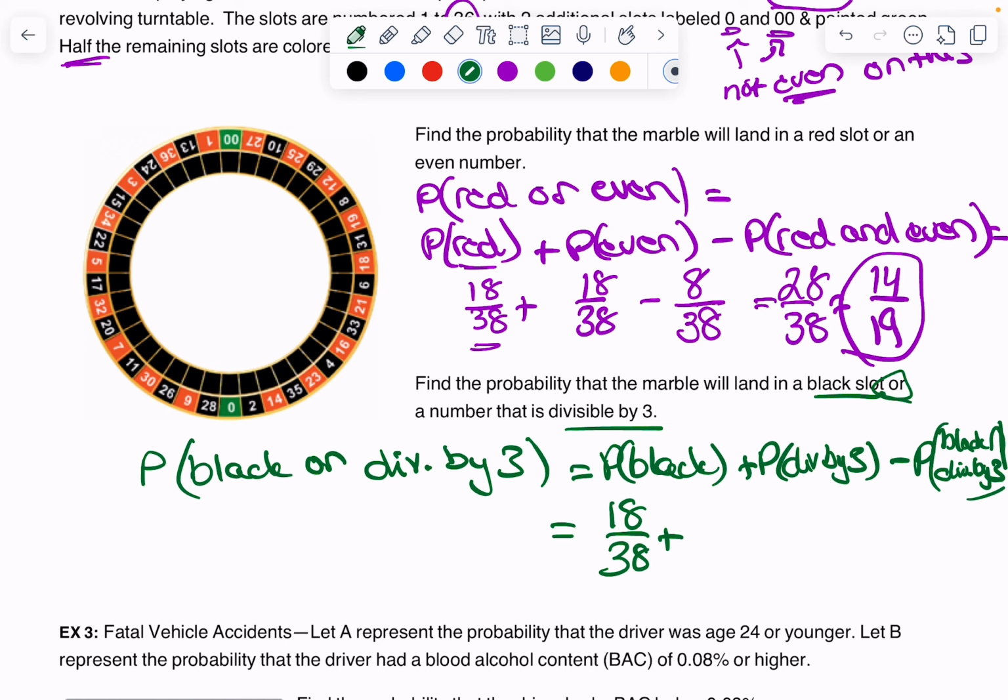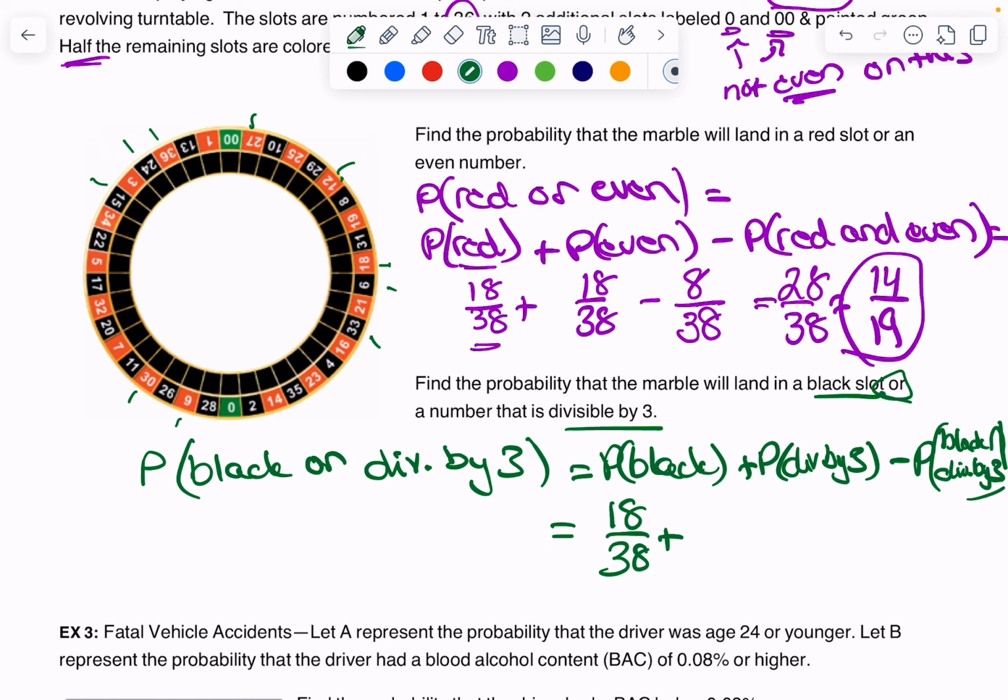So divisible by 3: 27, 12, 18, 6, 33, 9, 30, 15, 24, 36. Did I miss anything?